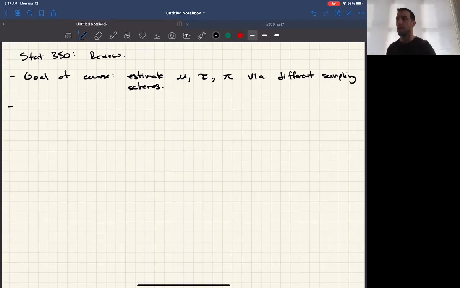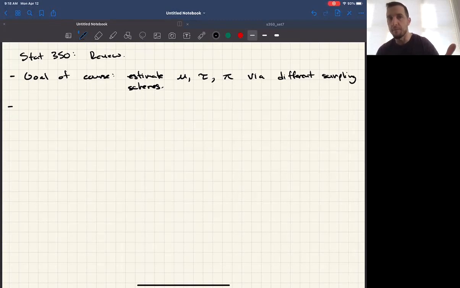So the reason that I bring this up is the goal of the course is consistent essentially across all of the units that we talked about. So we've always been trying to do the same thing, which is estimate one of these 3 different quantities.